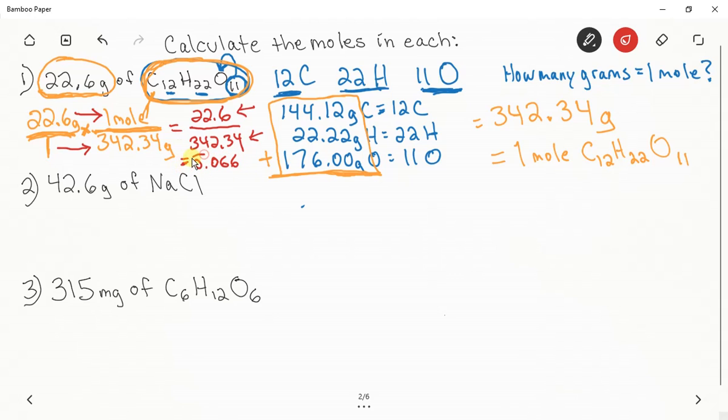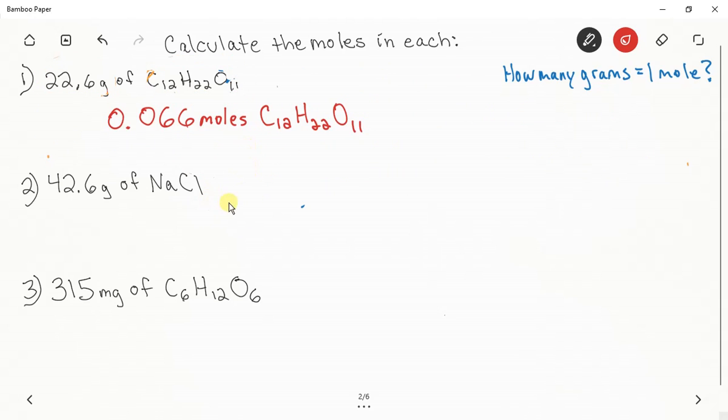So what does this number mean? This is how many moles of C12H22O11 that you have when you only have 22.6 grams of it. You have 0.066 moles.